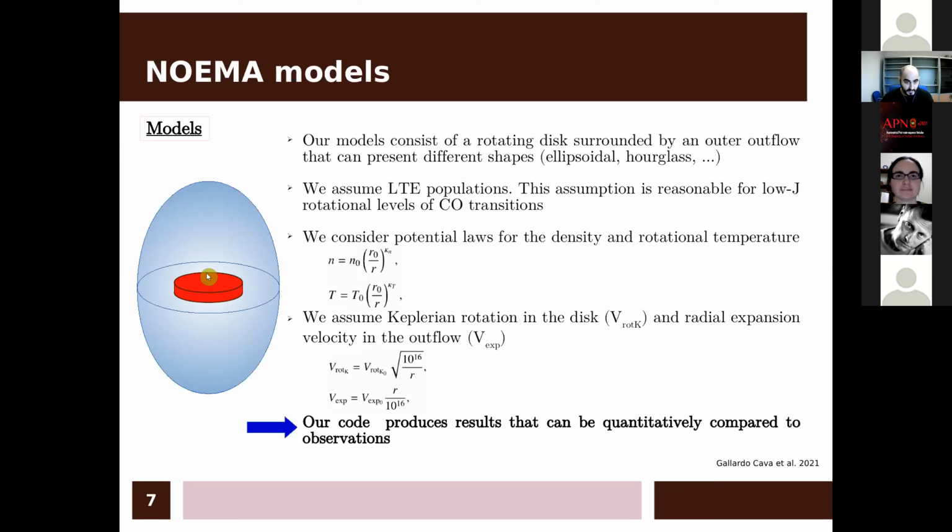For the disk, we assume, of course, Keplerian rotation, and we have considered expansion velocity in the case of the outflow. What is most important for us is that our codes produce results that can be quantitatively compared to observation, which allows us to extract physical information about what we see in observational data.